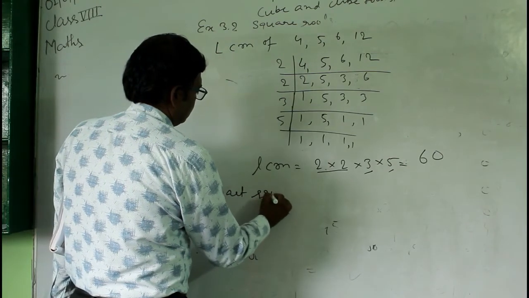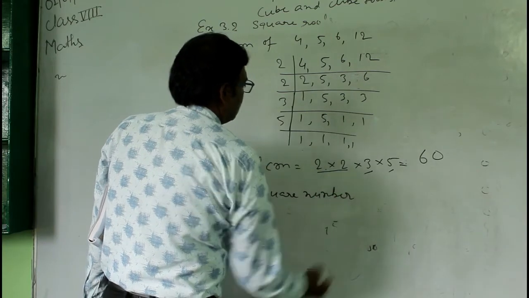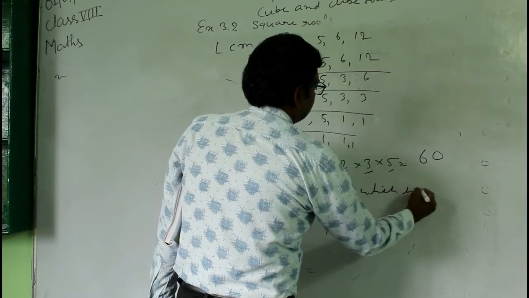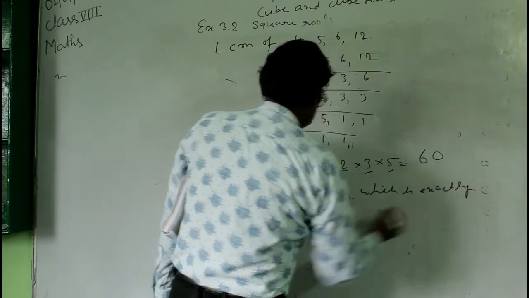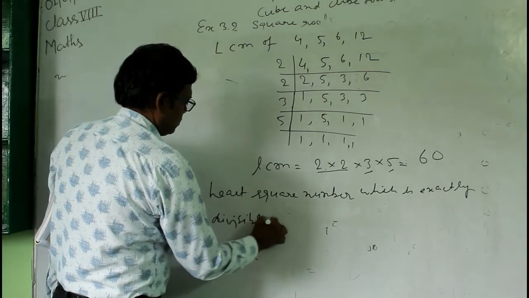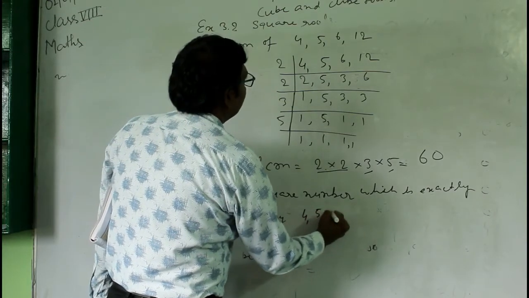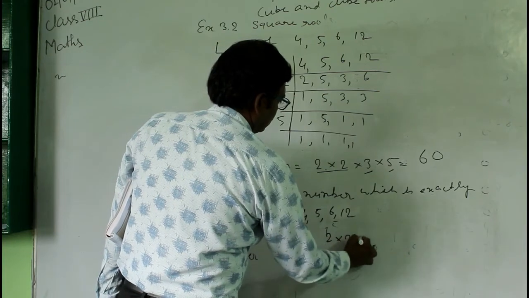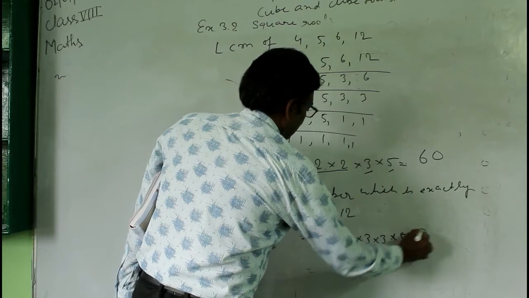which is exactly divisible by 4, 5, 6, 12 is equal to 2 into 2 into 3 into 3 into 5 into 5.